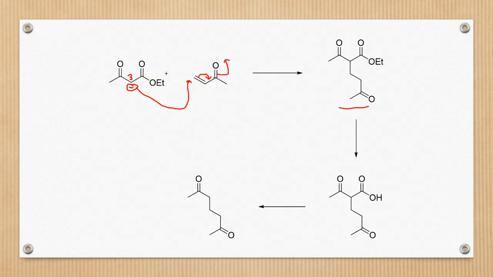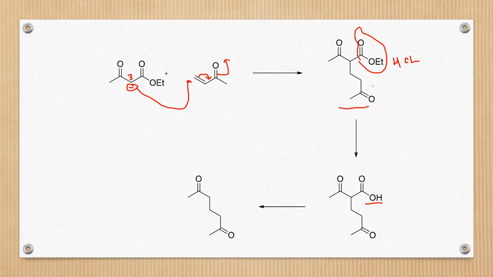So now what will happen? You have this compound, they have added HCl, and you know that there is an ester group present. So in the presence of acid, it will get hydrolyzed to give you the acid.